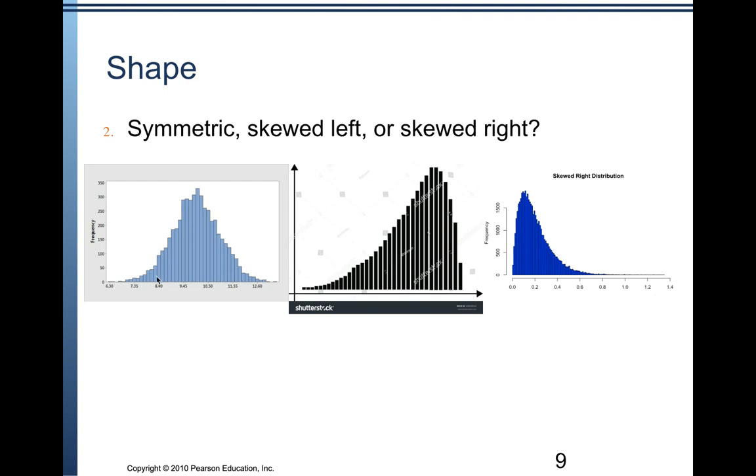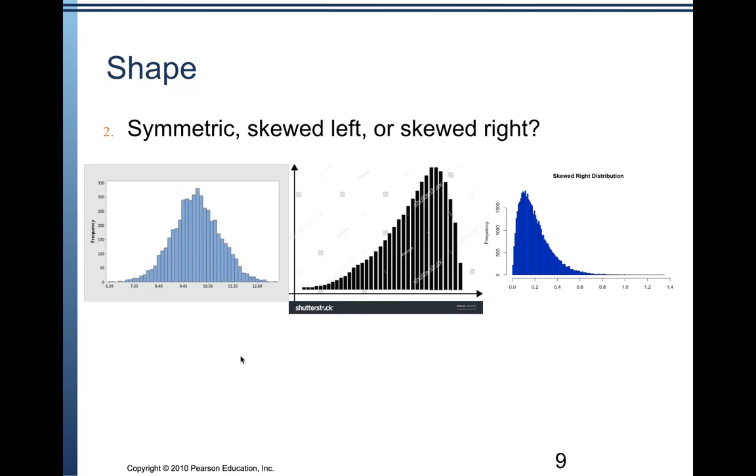The left and the right are mirror images of each other. So here I have a histogram that we would describe as roughly symmetric. If I drew a line down the middle, both sides would be mirror images of each other. Is it perfectly symmetrical? Obviously not, but it's pretty darn close.